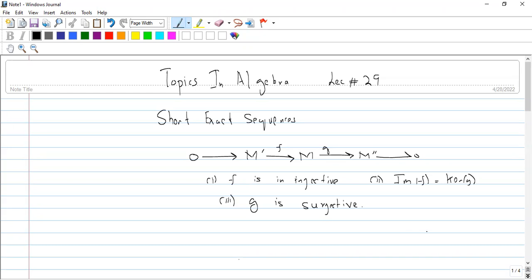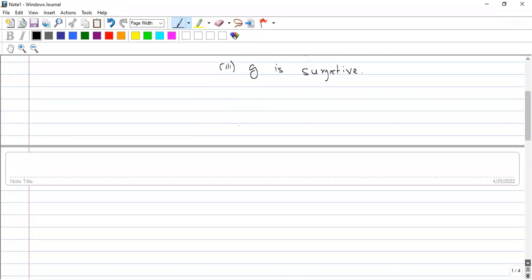Now today we will see the relation of the short exact sequence with Hom.